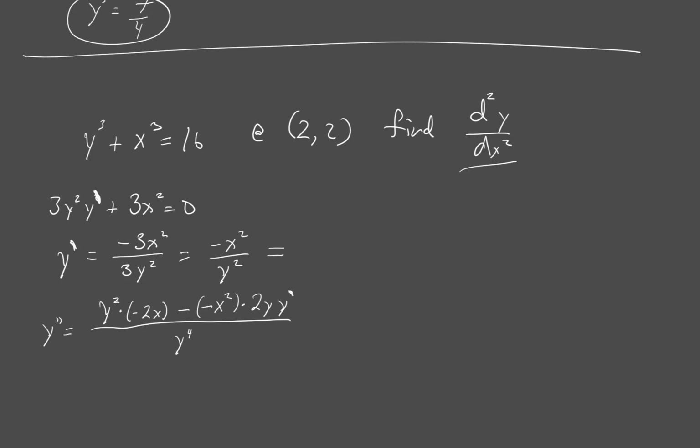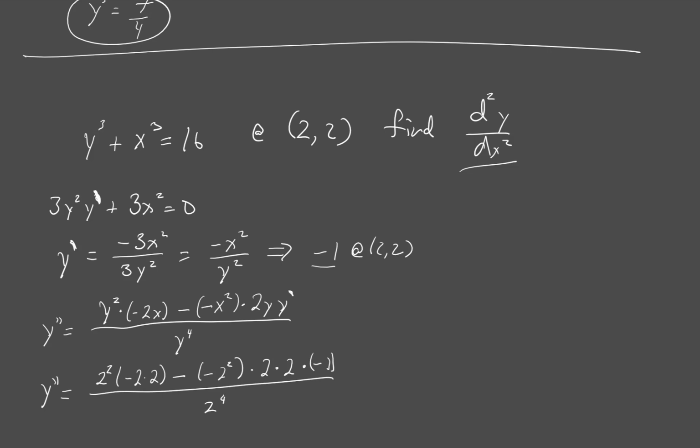Okay, so here at 2, 2, the first derivative is going to be a minus 1. And so I can put in y prime at 2, 2 equals minus 1. So y double prime equals, I got 2 squared times minus 2 times 2, minus a minus 2 squared times 2 times 2 times minus 1, from the y prime being minus 1, divided by 2 to the fourth.